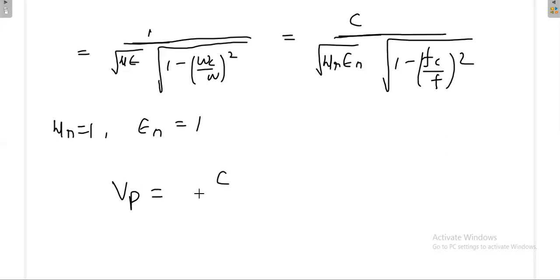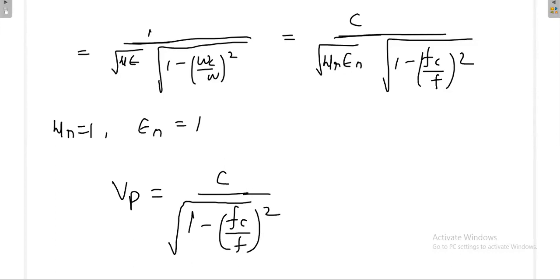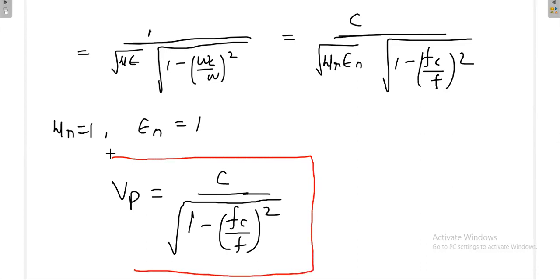The phase velocity is equal to c divided by the square root of 1 minus fc divided by f whole square. This is the formula that you should remember always, without any confusion. If at all they are giving any medium properties epsilon r, you have to introduce them in the denominator. That's it. Once you introduce them in the denominator, your velocity will change.